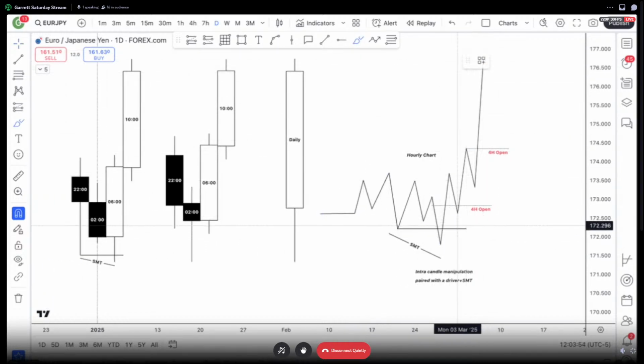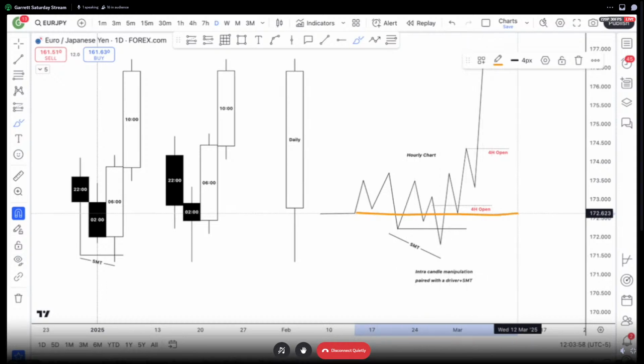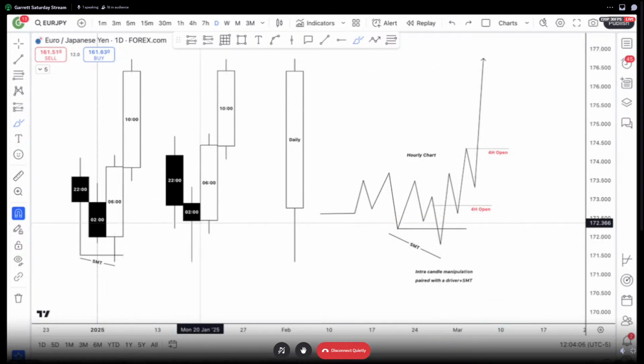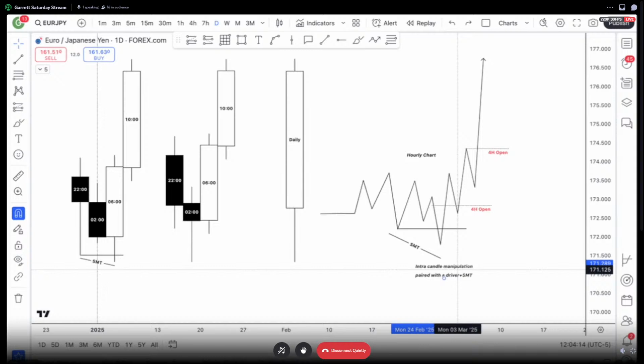I'm looking to trade in or around the opening price of this daily candle, and then I wait for alignment on the 4-hour candle. This can look a couple different ways, with how profiles form and stuff like that, but that is the general idea. Then we're going to pair a manipulation with the S&T.